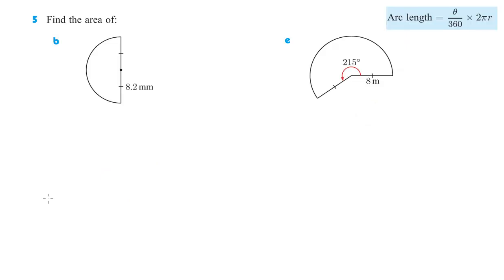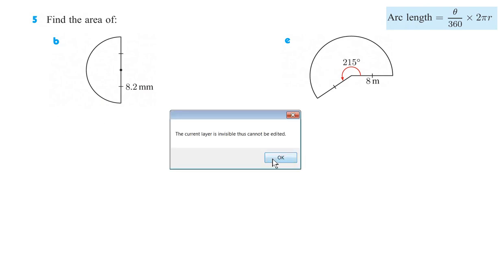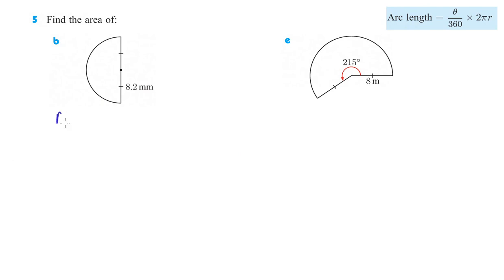All right, moving on to number 5 here. Sorry, find the area of this here. Arc length isn't going to really help us much, but it's got the same idea. Let's do the area of a circle. Area of a circle is going to equal pi r squared, right?